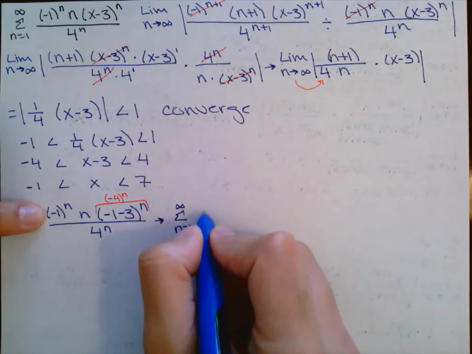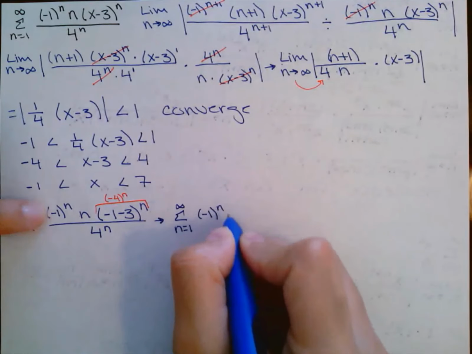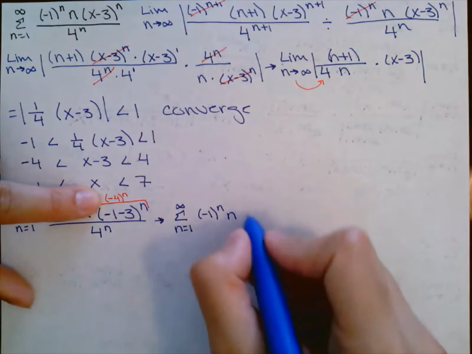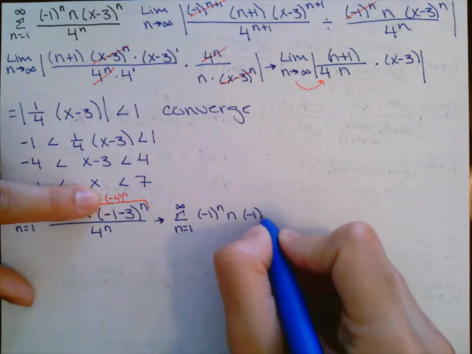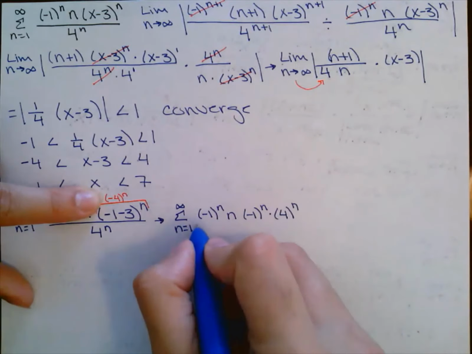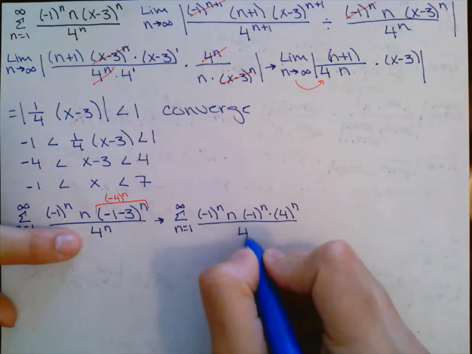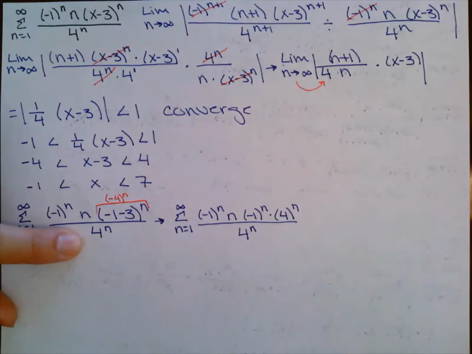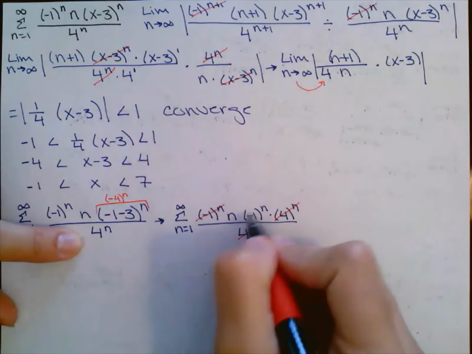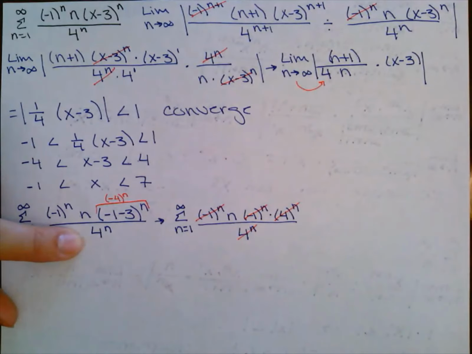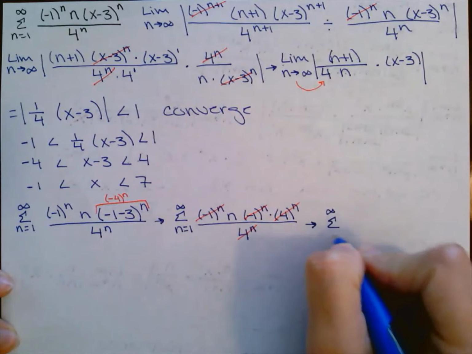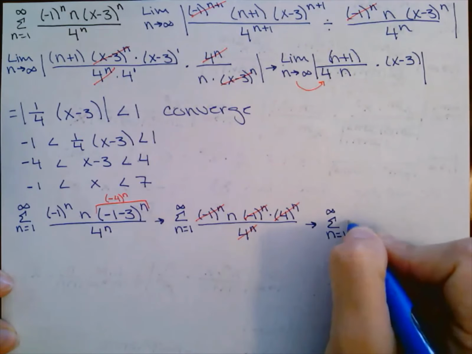So I have this -1 raised to n, and I can separate this as a -1 and a +4. So I could say -1 raised to n times 4 raised to n. And the reason why I want to do that is because I have a 4 raised to n in the denominator that this can cancel with, and two negatives make a positive, so they cancel each other out.